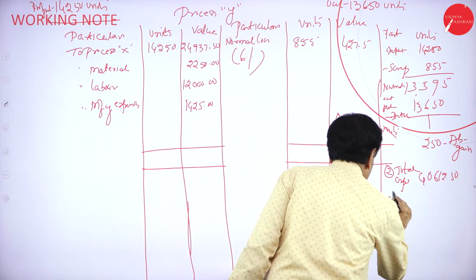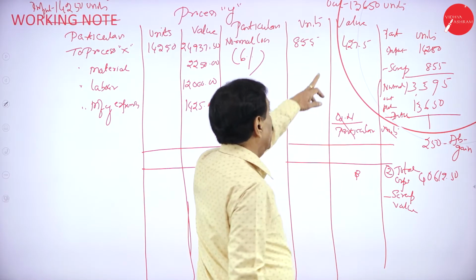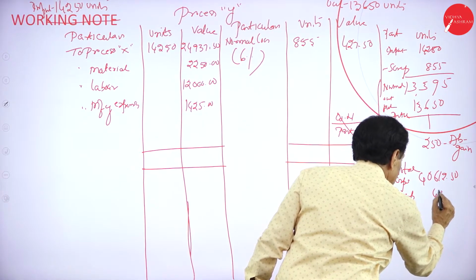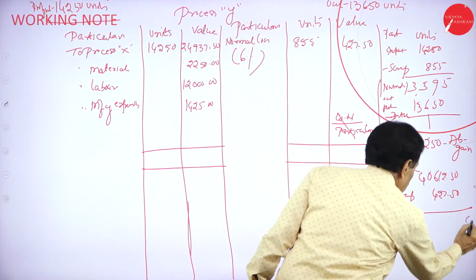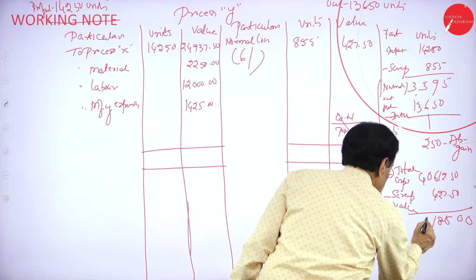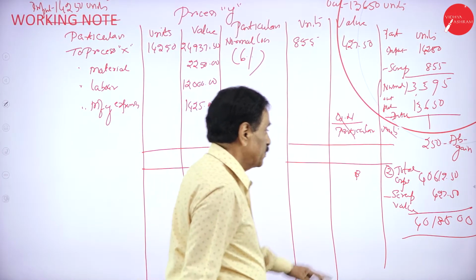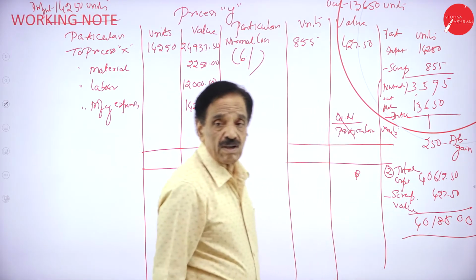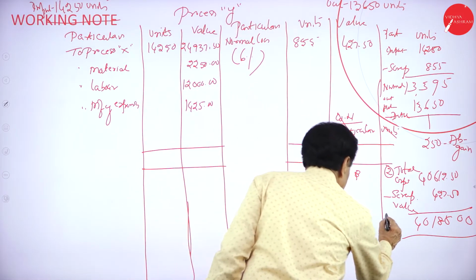Minus scrap realized, minus scrap value. How much is realized? 427.50. If we deduct now, it will come to 40,185. Normal cost.